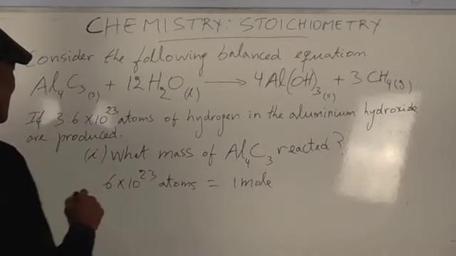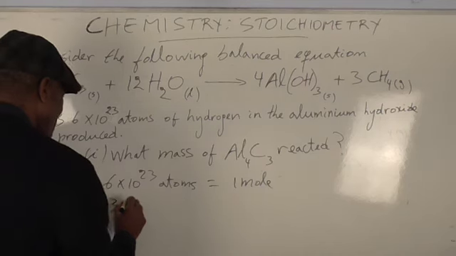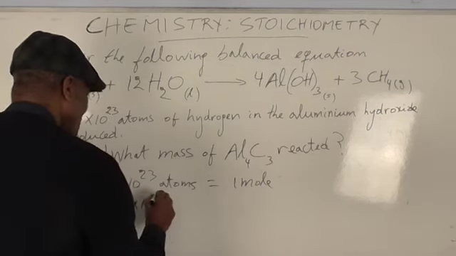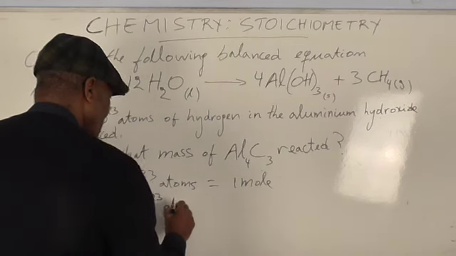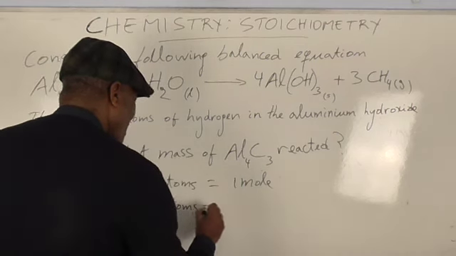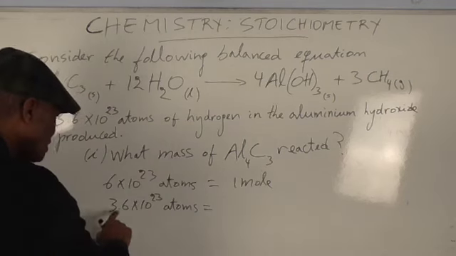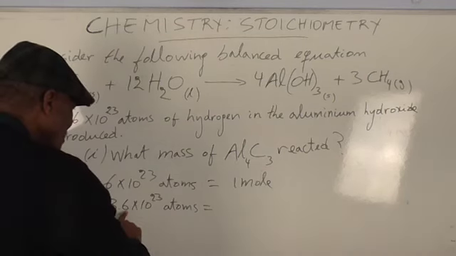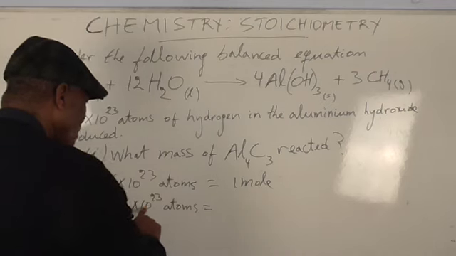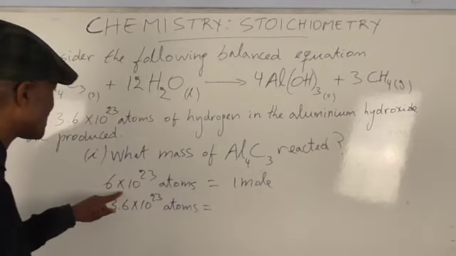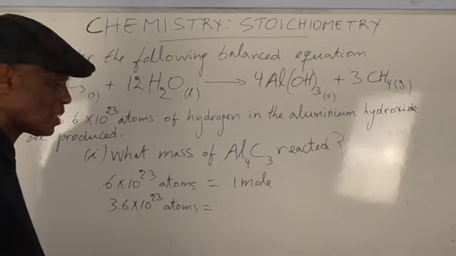Then, if we have 3.6 multiplied by 10 to the power 23 atoms, this will give how many moles, we do 3.6 multiplied by 10 to the power of 23 multiplied by 1 divided by 6 multiplied by 10 to the power of 23.